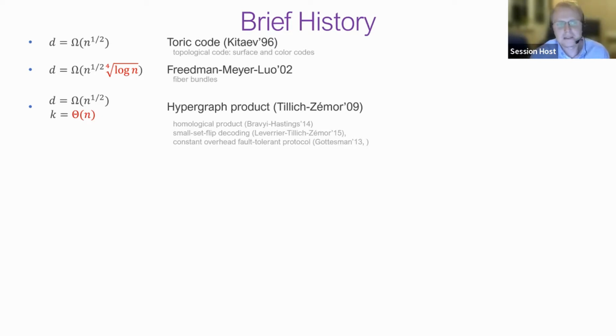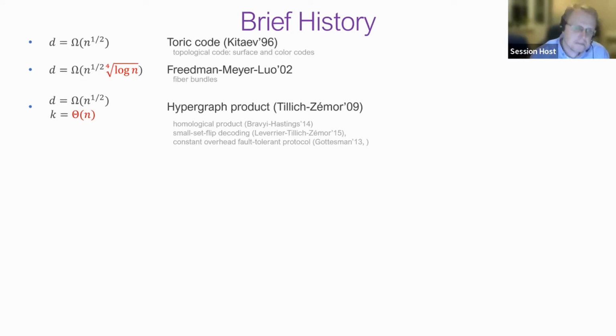Of course, if we want the efficiency of our quantum computer to be good, we want the number of logical qubits to grow linearly with the length of the code. And this was achieved by the famous hypergraph product construction by Tillich and Zémor.